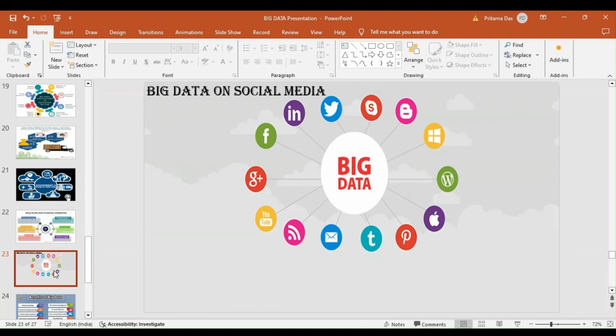Analyzing this data helps in identifying emerging trends, understanding audience sentiment, and optimizing platform algorithms. Social media companies use big data for content recommendation, user engagement analysis, and to combat issues like fake accounts and misinformation. So, these are some applications of big data in real life.